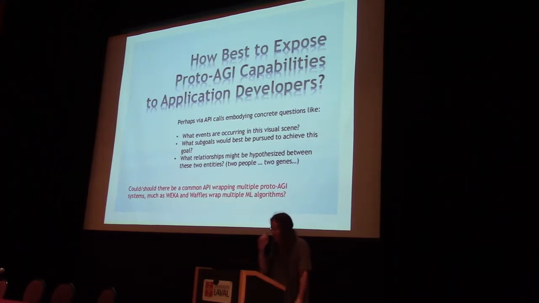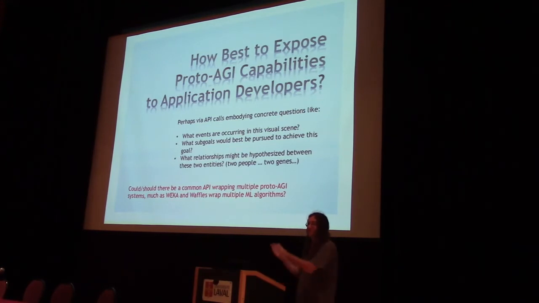And of course, there will be a lot of work to formulate a cognitive service like this in a useful way that application developers would be willing and able to easily use, as well as the problem of making the AI systems actually be able to answer these questions. But the idea would be to have an API like this that you could then plug multiple proto-AGI systems behind, some fulfilling some types of queries, some fulfilling others, ultimately fulfilling all of them once we really get there.